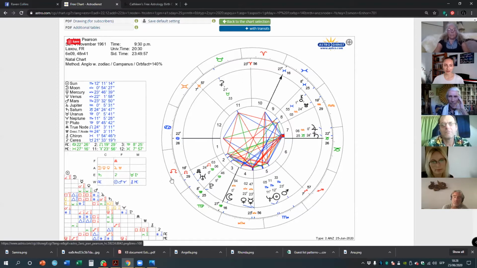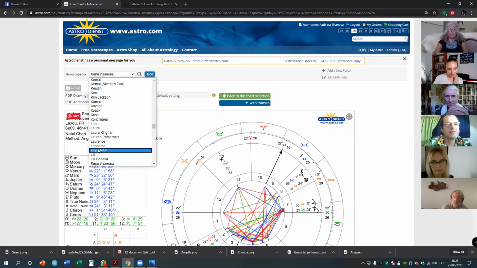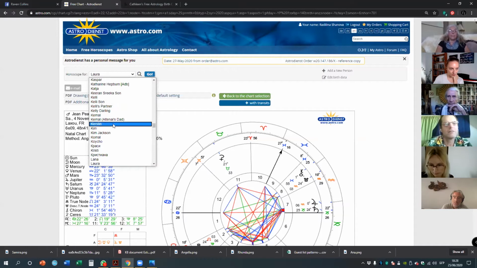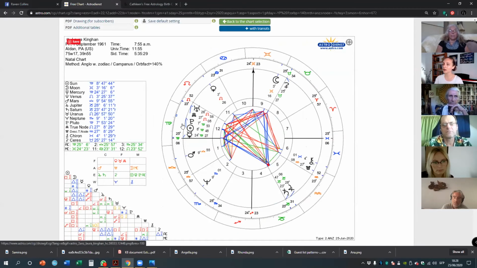I'm getting goosebumps. So here we've got it in the 7th. Let's see Laura's chart quickly. That's a different Laura. Sorry. I decided to do it through the website this time directly because I think now you can see a bigger chart than before.